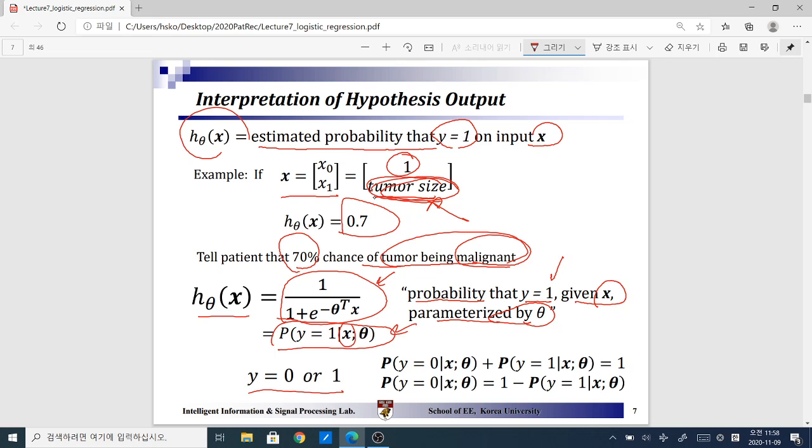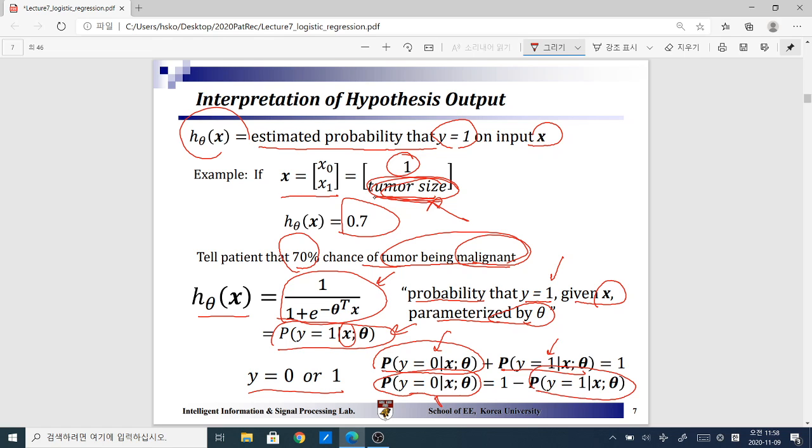Therefore, the sum of the probability of both cases, the 0 as well as that of 1, should be equal to 1. Or you can also obtain one of the two: the probability of the output label being 0 would be 1 minus the probability of the label being equal to 1.